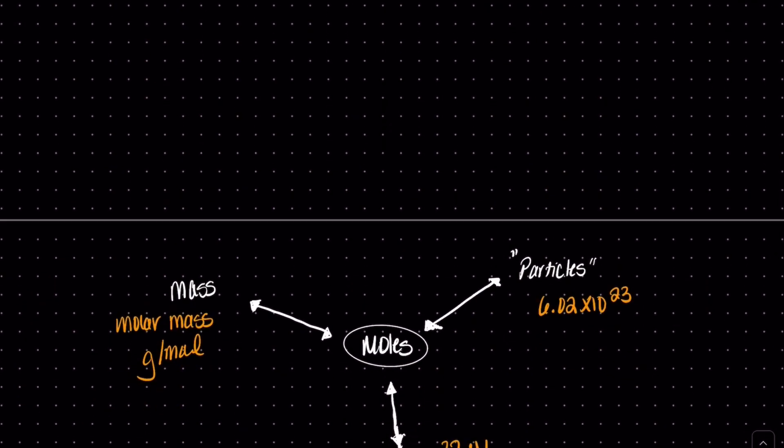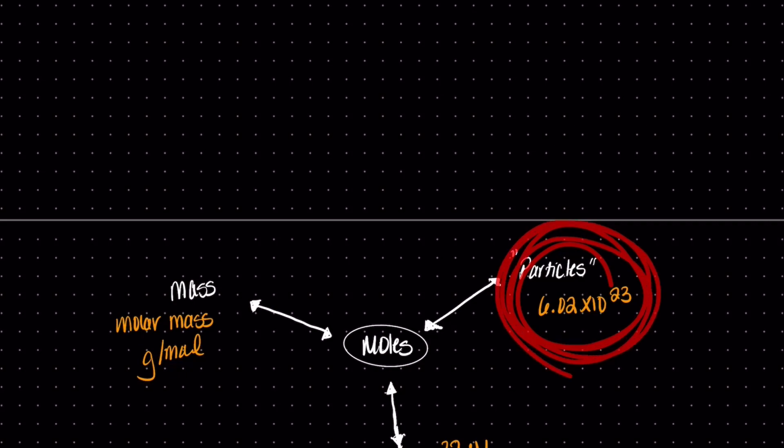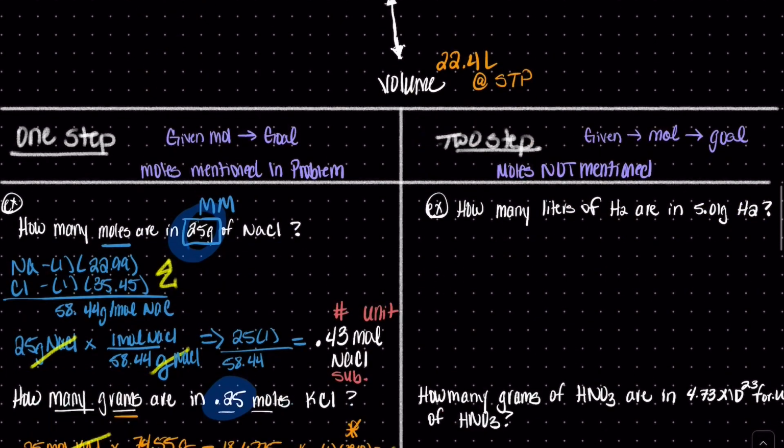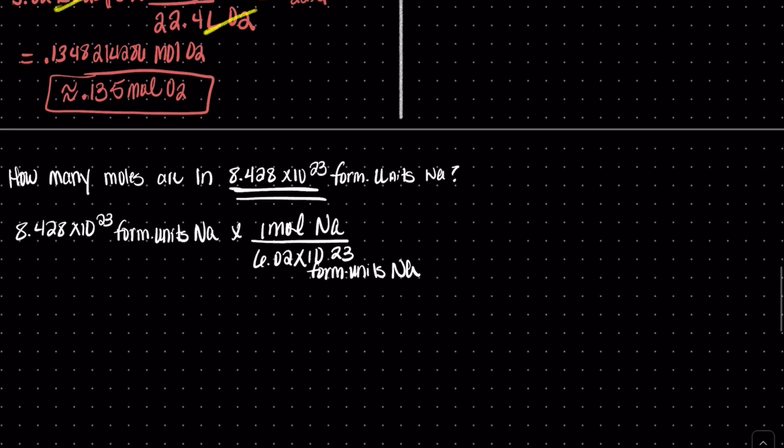It's from this Avogadro's number, or avocado's number. That's something we use all the time. Now let's see, my goal, how many moles? Moles is my top conversion factor here. I'm good to go there. So let's see if I'm good to cancel. Formula units on top, formula units on bottom. That goes bye-bye.